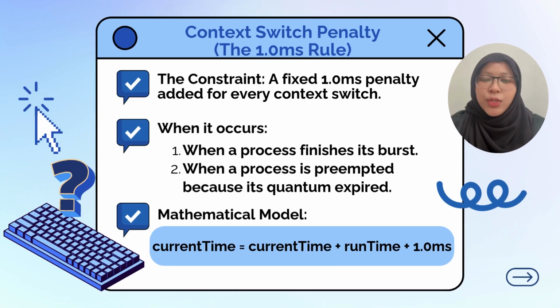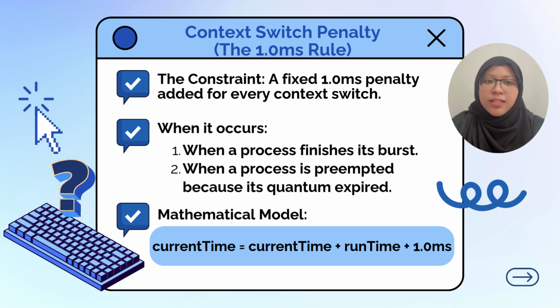Now, let's look at the key constraint in our simulation, which is the context switch penalty. In our implementation, a fixed 1.0 millisecond overhead is added every time a context switch occurs. This happens in two cases: when a process completes execution and when a process is preempted after its time quantum expires.